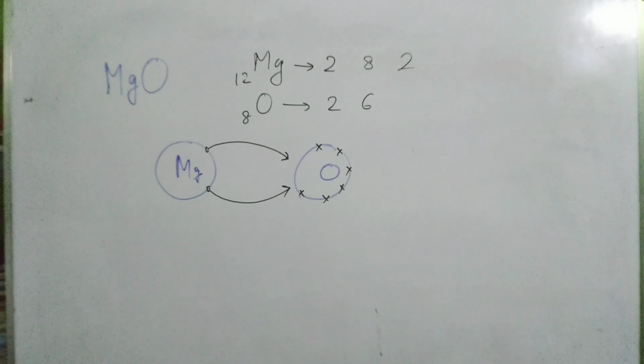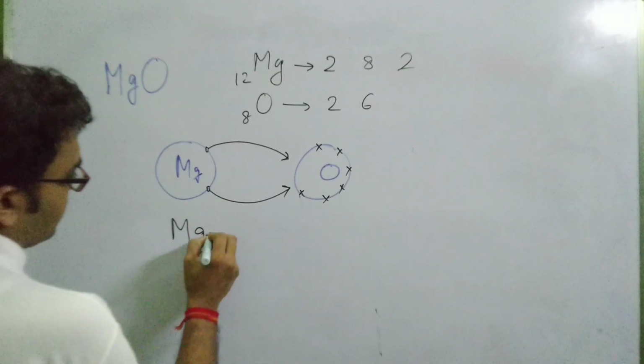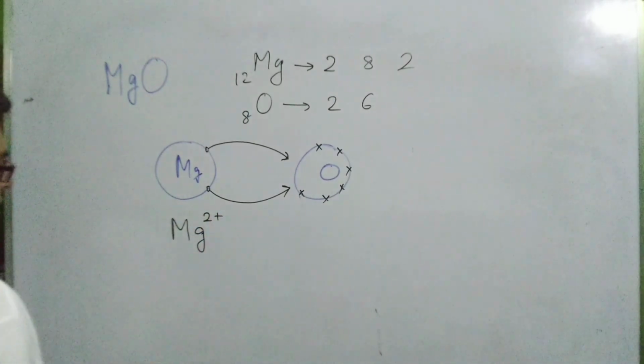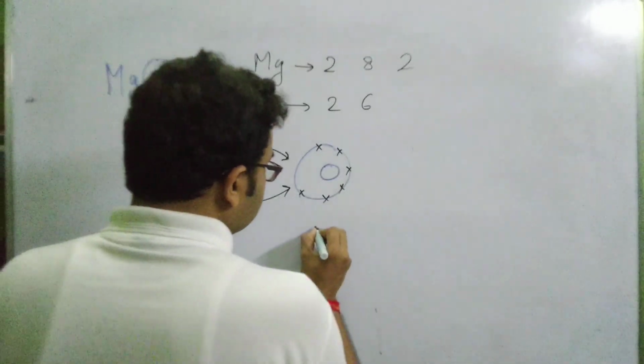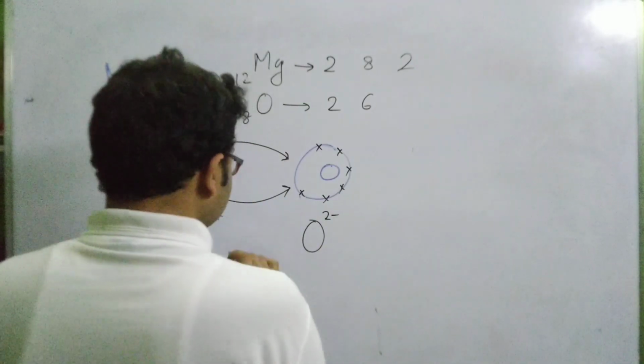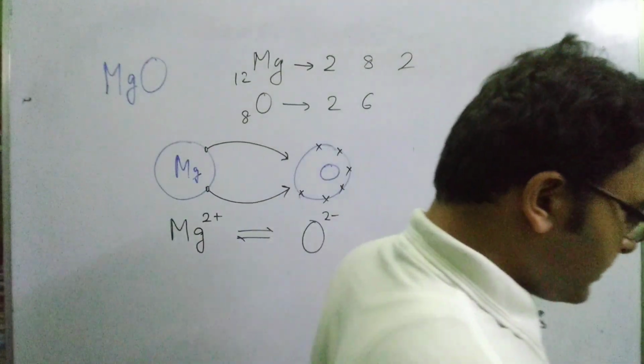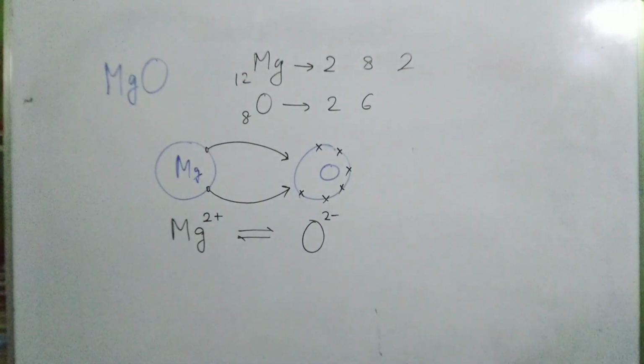So in the next step, we can see that magnesium forms a magnesium ion having a charge of 2 plus, whereas the oxygen atom forms an ion having a charge of 2 minus. Now these are oppositely charged ions, positive and negative. As you know, positive and negative charges attract each other.